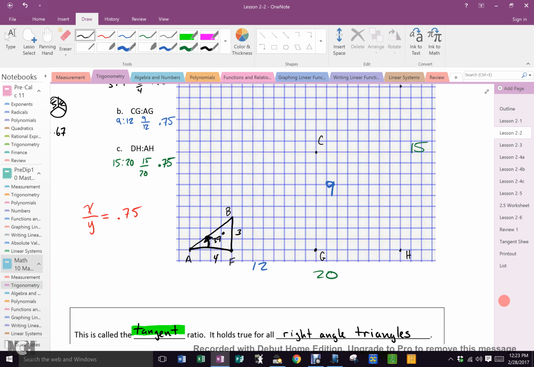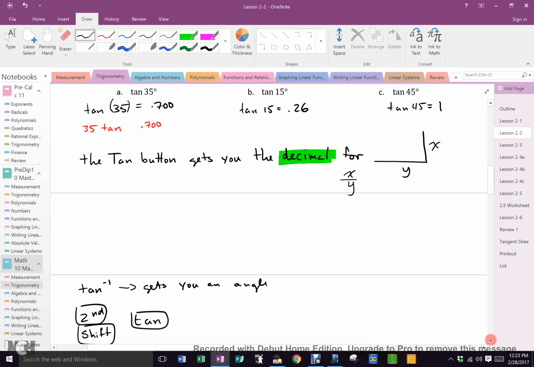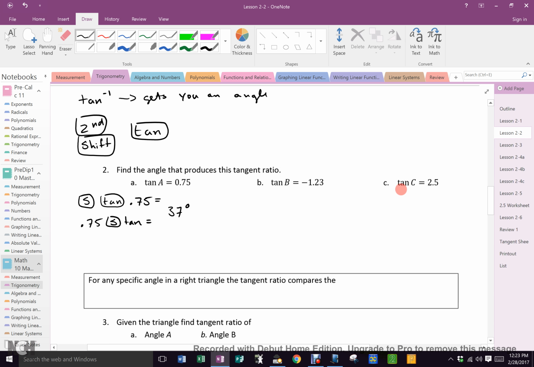Okay. Now, do not do the next one. Do the third one. Tell me what this one is. What is C? 62, right? 68.2. So 68 degrees, right? Is everybody cool with that? And that makes sense. As the decimal gets bigger, the angle gets bigger. Cool?